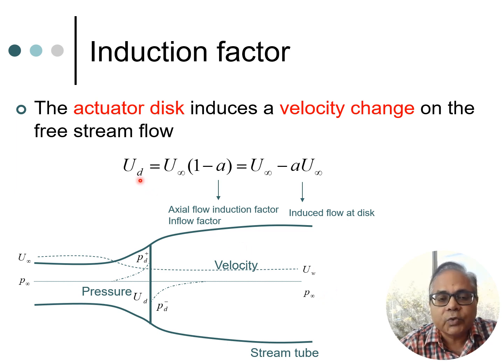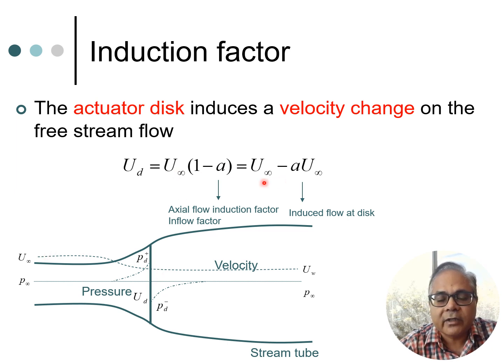So we can say that ud would be u infinity into 1 minus a. So a is simply a factor which we call the axial flow induction factor. So this is the change, or 1 minus a is the change which the velocity goes through because it comes from the far upstream to the rotor disc.